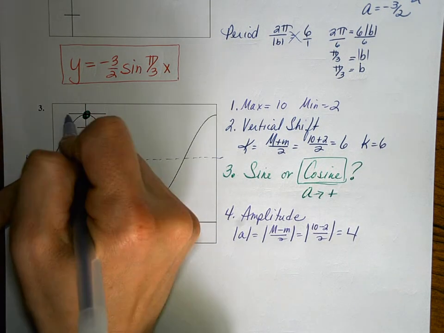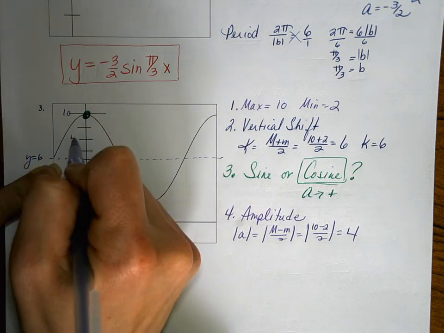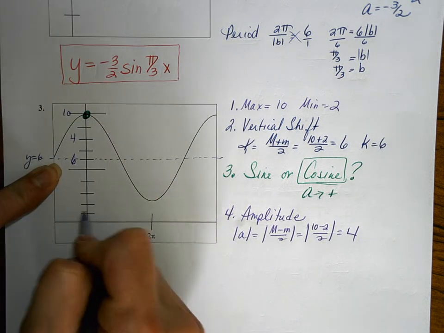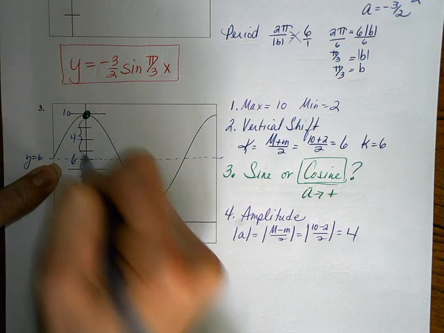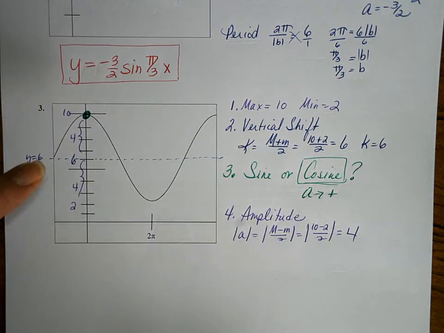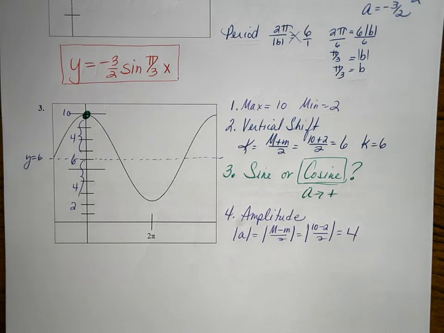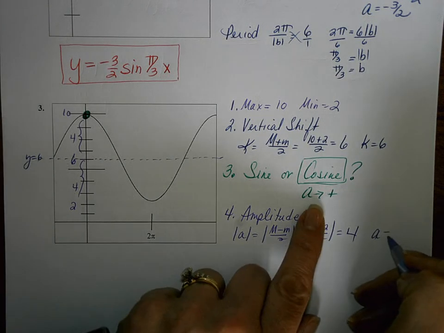From 6 up to 10 is a distance of 4. From 6 down to 2 is a distance of 4 as well. My amplitude is 4. That should make sense. Half of the height of this graph is 4. We already said my a is going to be positive, so the a is 4.